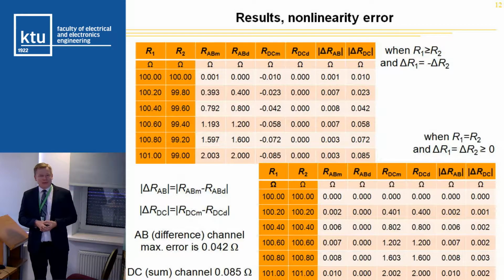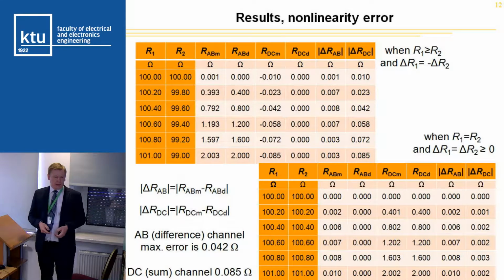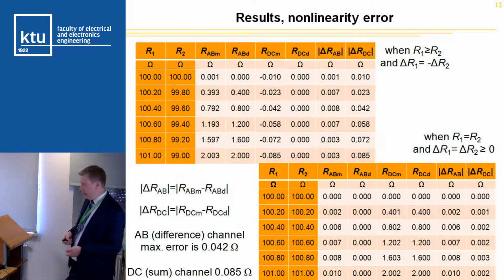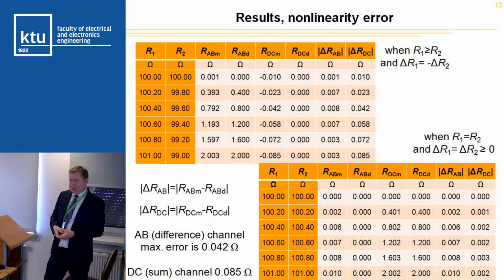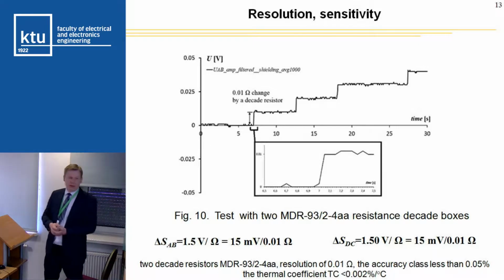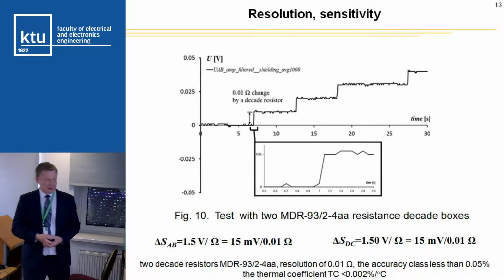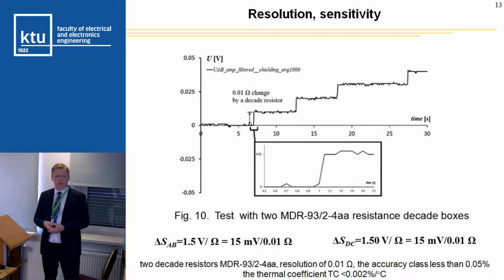By analyzing all these cases, the maximal error, the nonlinearity error, was about 0.08 ohms. Relative, it is less than 5%. Resolution and sensitivity: resolution is 0.001 ohm, and sensitivity is 1.5 volt per ohm.